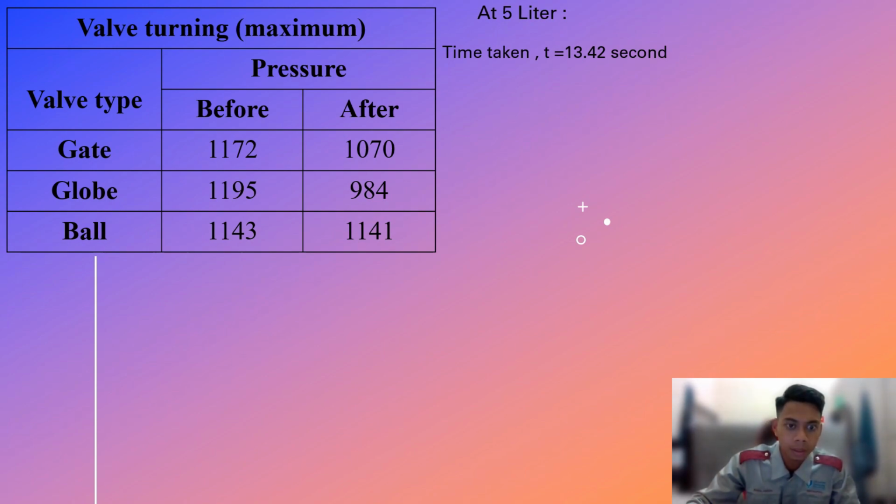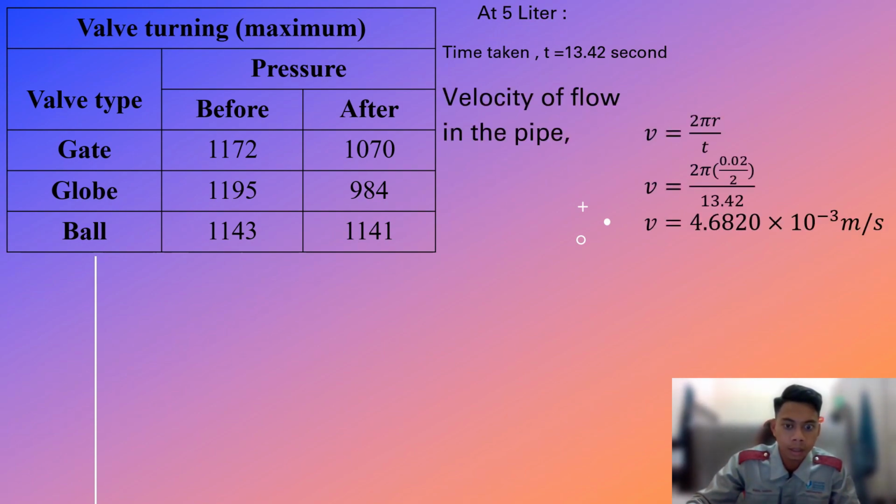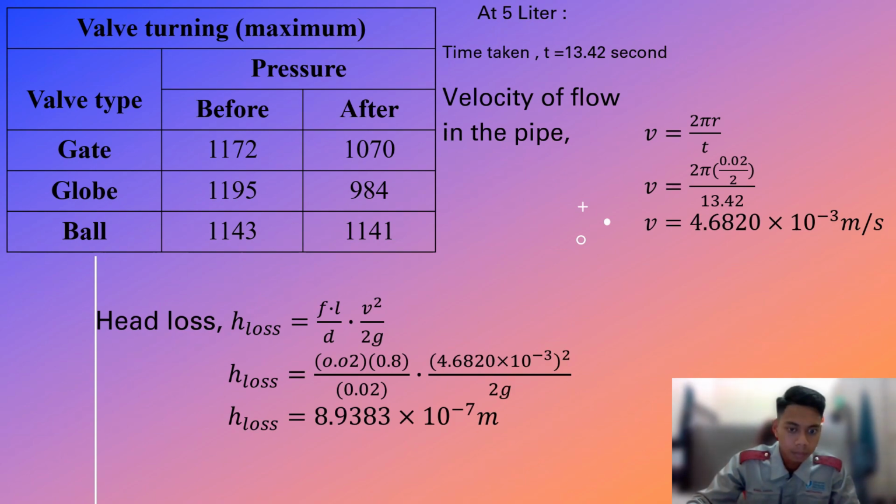The time taken for this valve we get is 30.42 seconds, and the velocity in the pipe we get is 4.6820 times 10 to the power negative 3 meter per second, and the head loss we get is 8.9383 times 10 to the power negative 7 meter. R is the radius; we calculate the radius using the diameter 0.02 over 2.